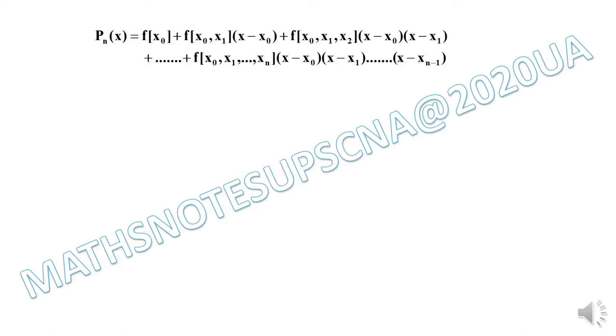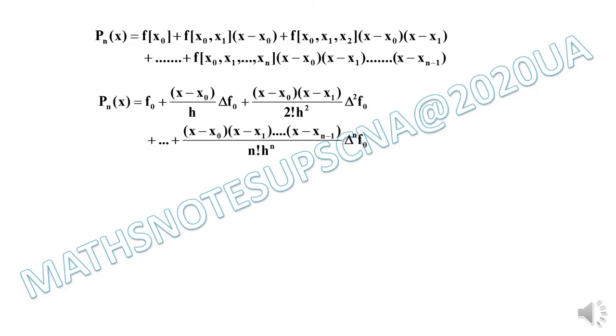Now we have this formula which we have written in the previous slide. So we substitute the values of f[x0, x1], f[x0, x1, x2] and f[x0, x1, ..., xn] in this formula and get this expression, which is equal to f0 plus (x − x0) was there, and the value of f[x0, x1] is Δf0 upon h, plus (x − x0)(x − x1) were there, and the value of f[x0, x1, x2] is Δ²f0 upon 2! h², and the last term is (x − x0)(x − x1) up to (x − x(n−1)) into the value of f[x0, ..., xn], which comes Δⁿf0 upon n! hⁿ.